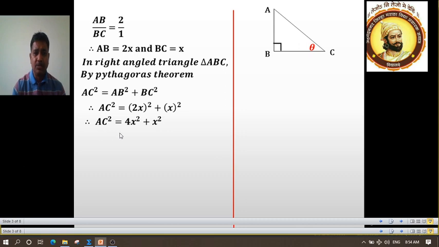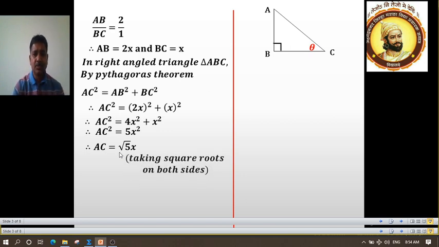Therefore AC square is equal to 4x square plus x square, that is 5x square. Now taking square root on both sides, square root of AC square is AC, square root of 5 is root 5 and square root of x square is x. So AC is equal to root 5 x. So we get the third side, that is the hypotenuse of right angle triangle ABC.